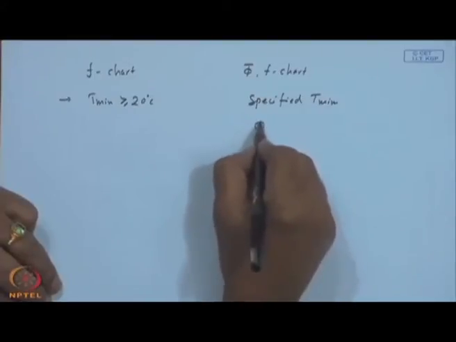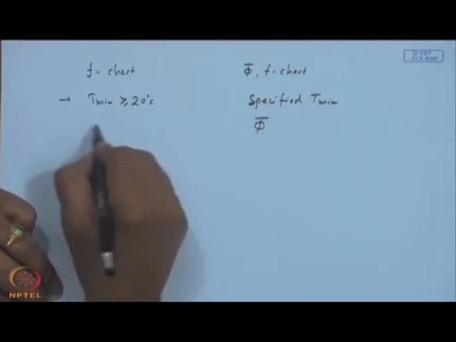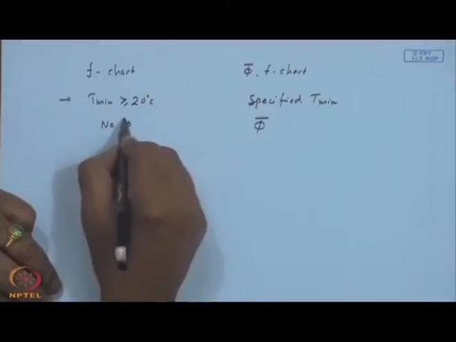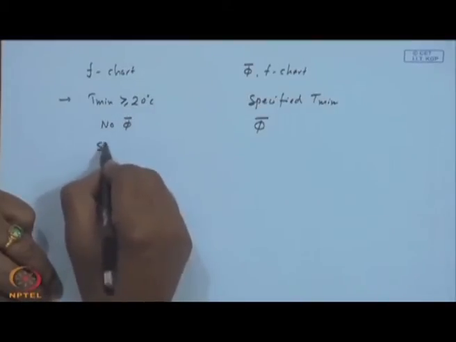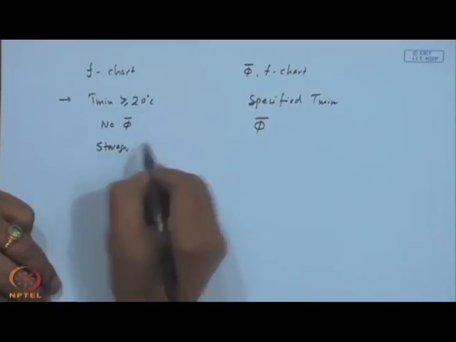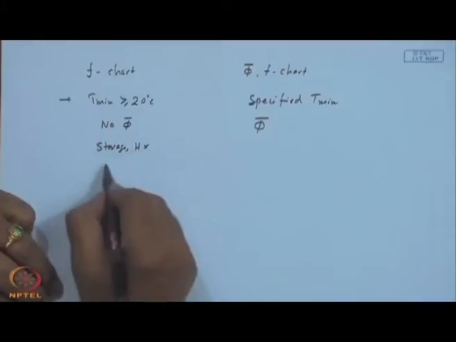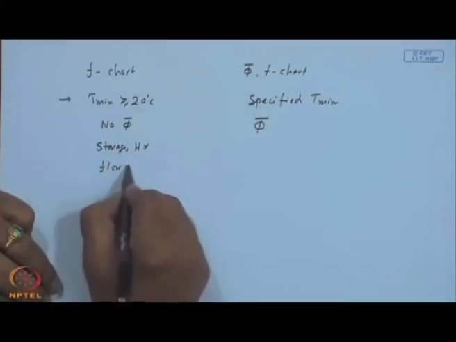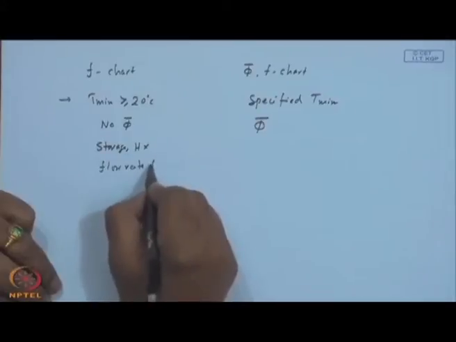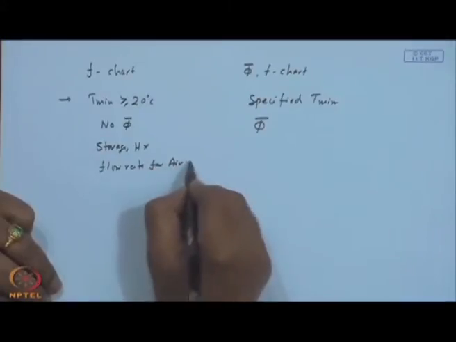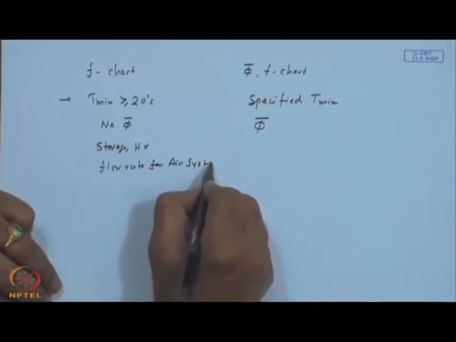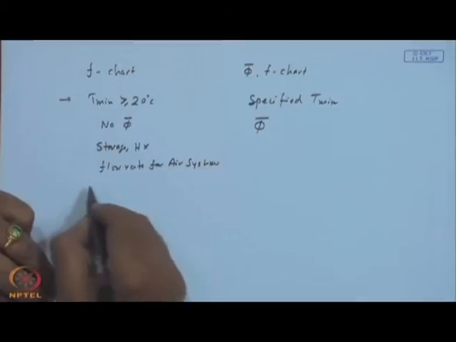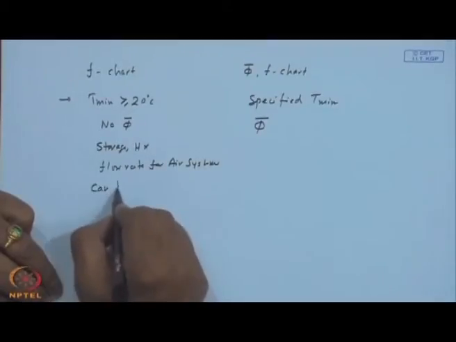So, this has an additional parameter phi bar, this no phi bar. Storage, heat exchange, flow rate for air systems can be taken into account.